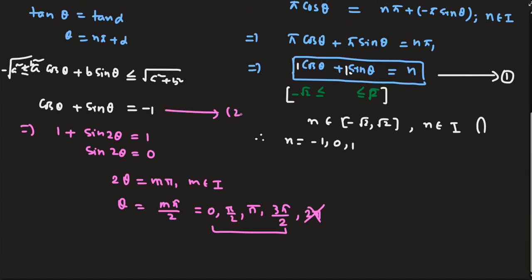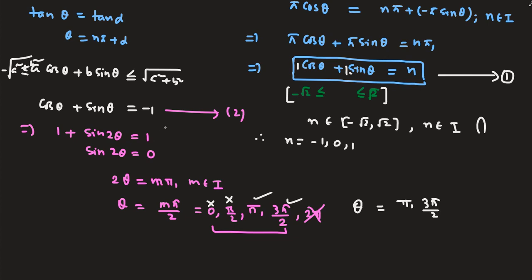If you put 0, cos 0 is 1, so this solution is not satisfying. Pi by 2: cos pi by 2 is 0 and sin pi by 2 is 1, not satisfying. Pi is satisfying and 3 pi by 2 is satisfying. So from here the solutions are pi and 3 pi by 2.